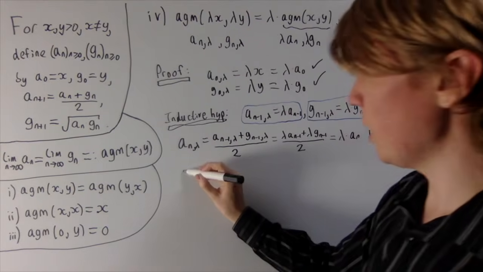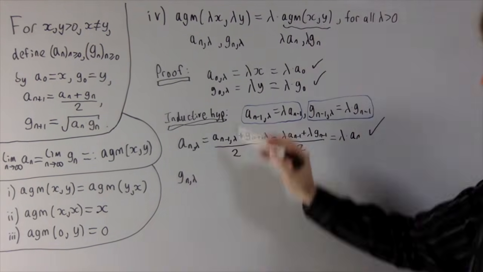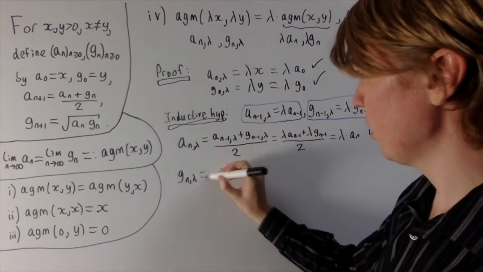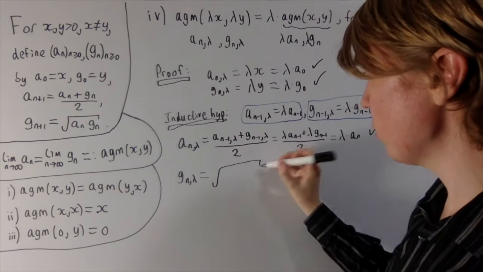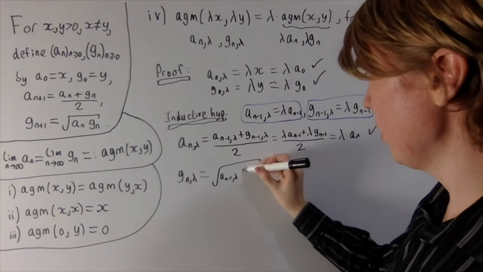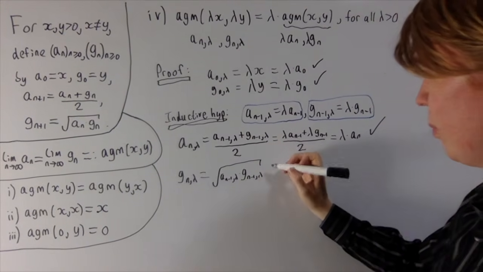And then we can do a similar calculation here for g_n(lambda), so the nth term in the g sequence where we've started with lambda x and lambda y. So this is going to be the square root of a_{n-1}(lambda) multiplied by g_{n-1}(lambda).